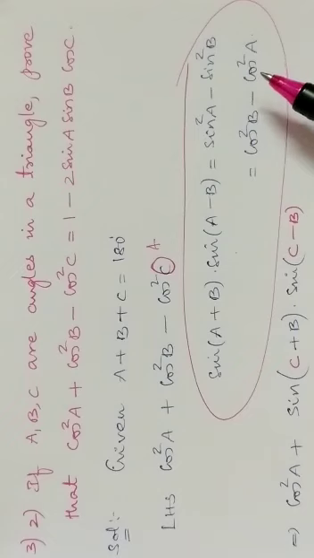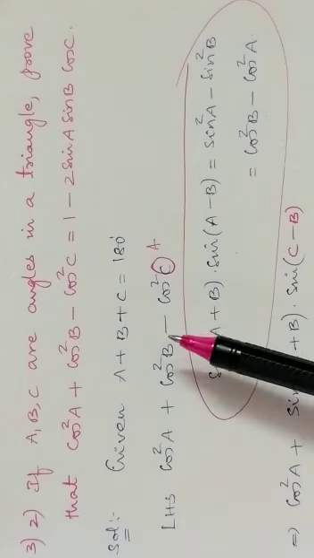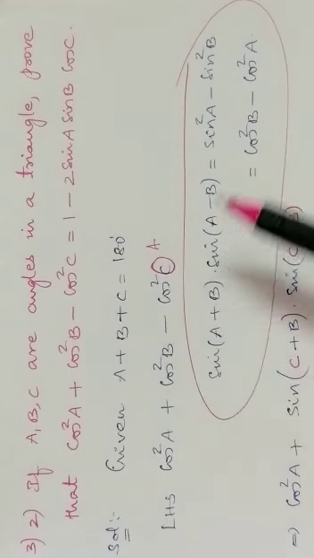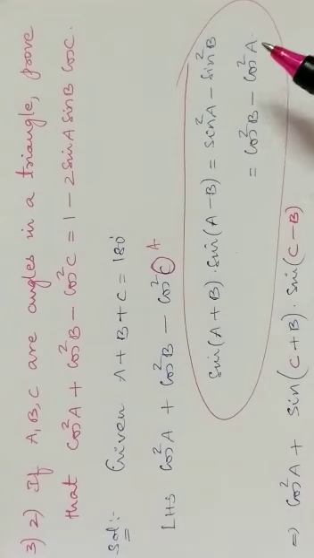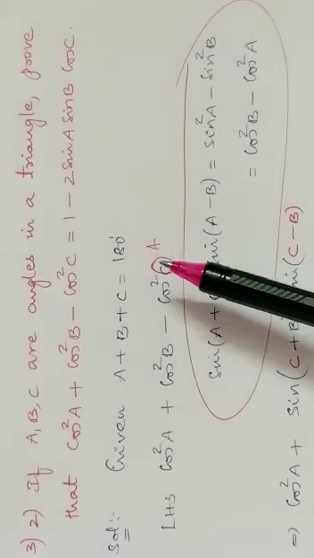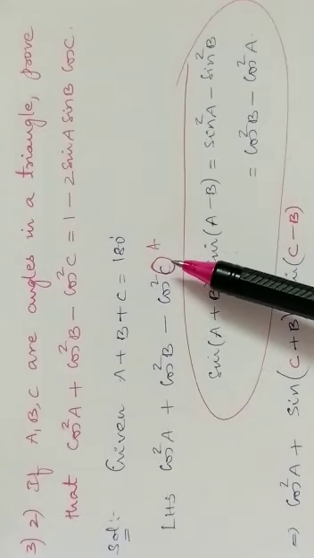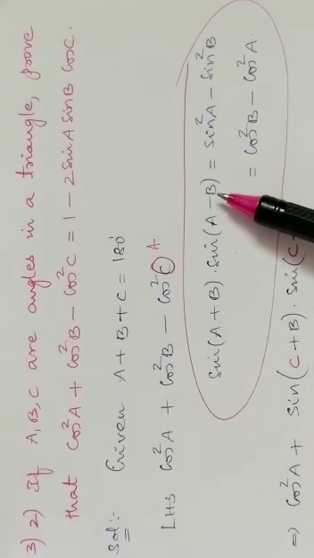Now apply this formula to the given problem. Cos square B minus cos square A. In the formula it is A, so in the place of A, you have to write C.